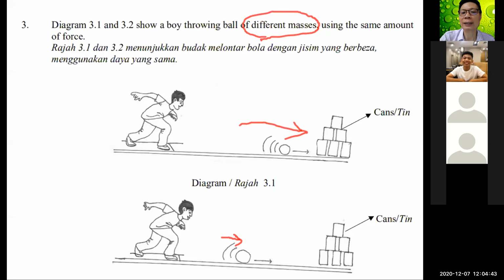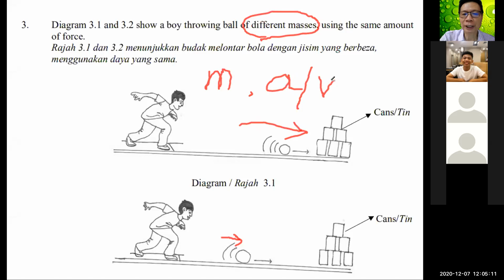Come, what answer do you give? Neil, what are you talking about? Mass and acceleration. Yes, correct. It's between the mass and acceleration. What about speed? Can we use speed?